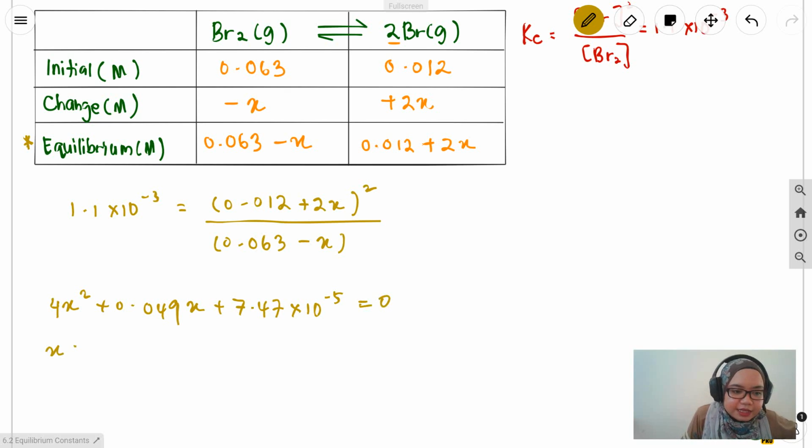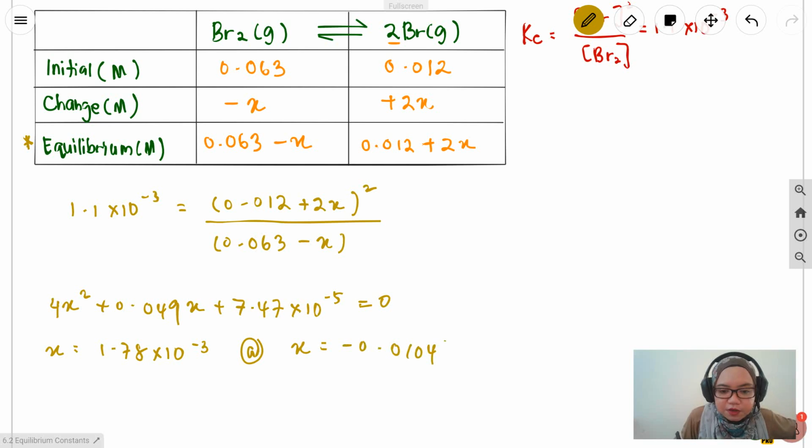And you will get x equals negative 1.78 times 10 negative 3, or x equals negative 0.01046.